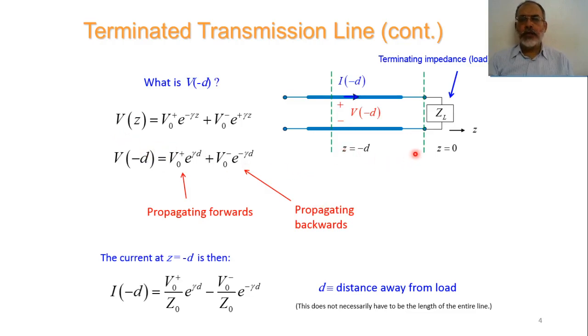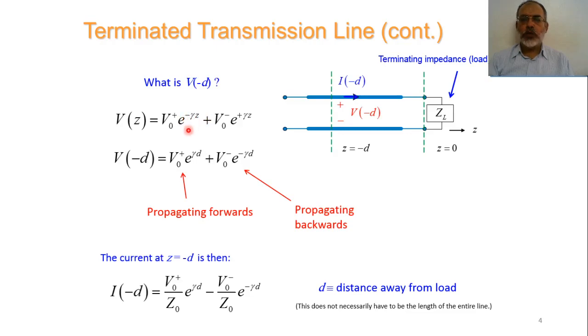Now, at a distance z equals minus d, the voltage would be V naught plus multiplied by e to the power minus gamma z, and we replace z by minus d.